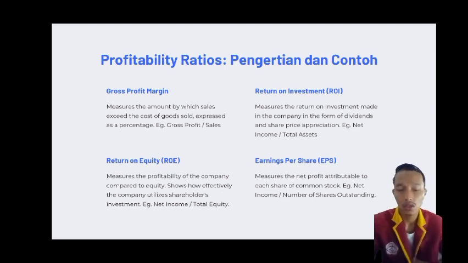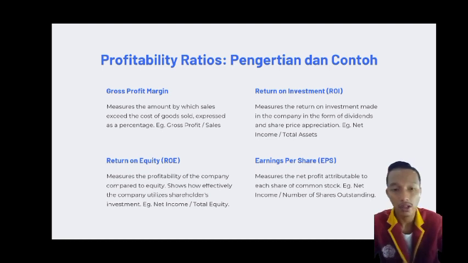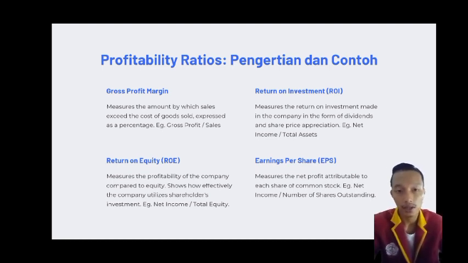Point number 3, return on equity or ROE measures the profitability of the company compared to equity. So, how effectively the company utilizes shareholders' investment, as net income over total equity.